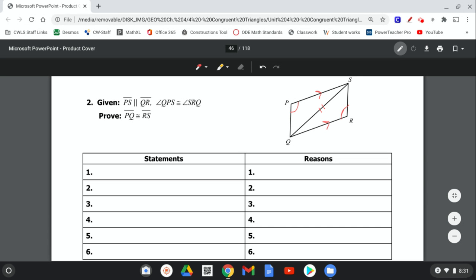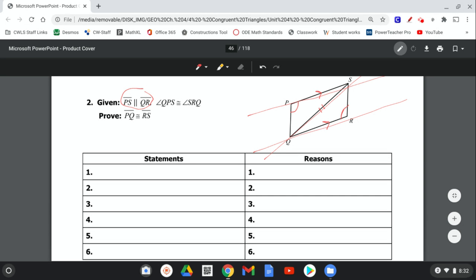All right. And so the next thing we need to know is from the parallel lines. Okay. So we got to figure out what angles are going to be congruent. So if we have our parallel lines, and they're going to be cut by this transversal right here, which is going to be QS. What we can say, and this is where we have to look at the picture and figure out, well, what is going to help us? What information is going to help us so that we can get a congruence theorem?